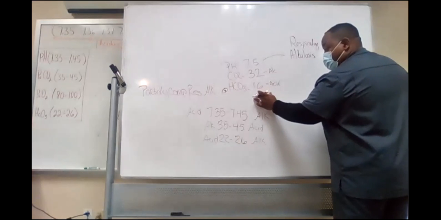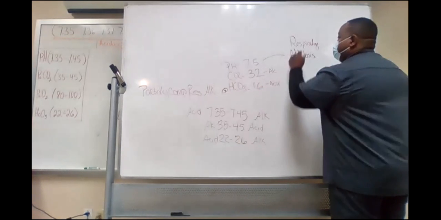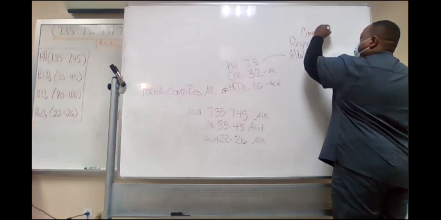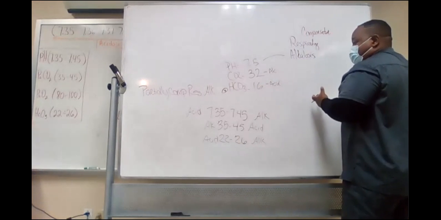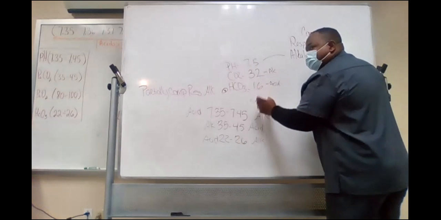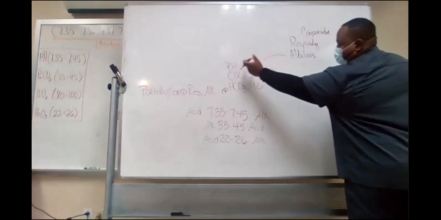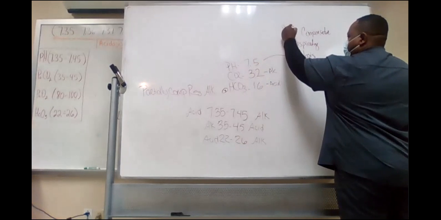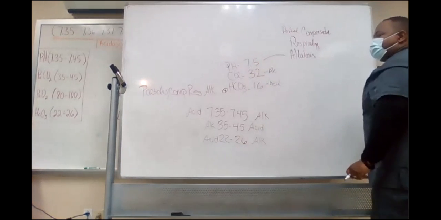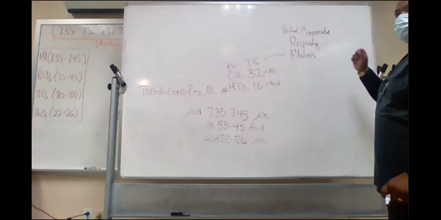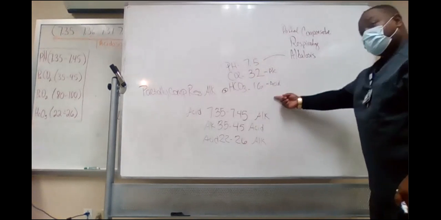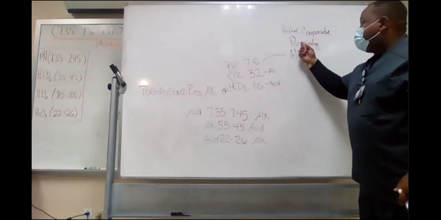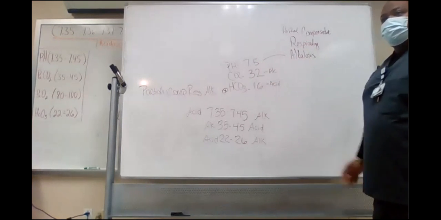So is it in normal range? No. So there is compensation. But was the compensation enough to pull pH back into normal range? No. So it's partial. Partially compensated respiratory alkalosis. Okay? It is trying to compensate, but it wasn't enough. Okay? So whenever there's partial compensation, pH is not going to be in normal range.